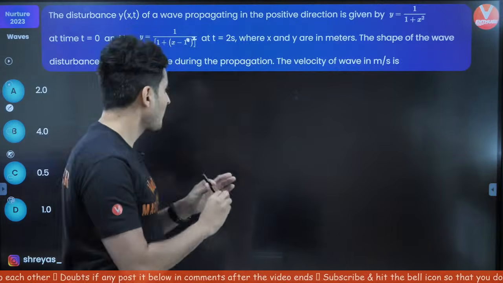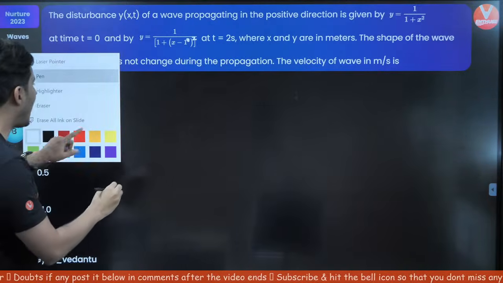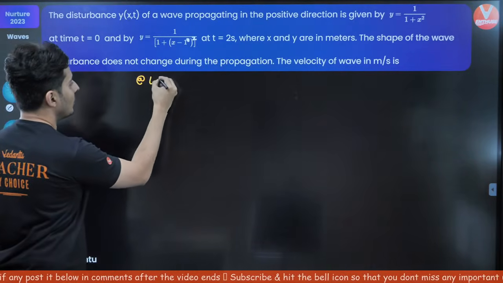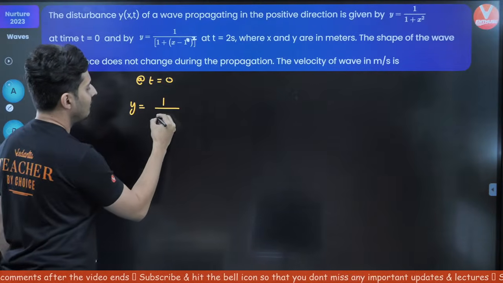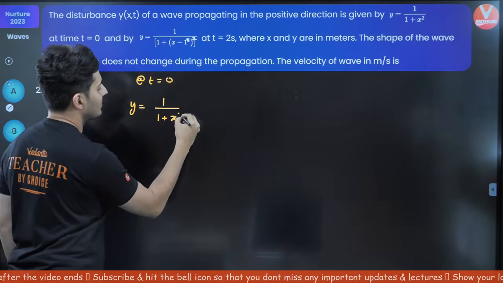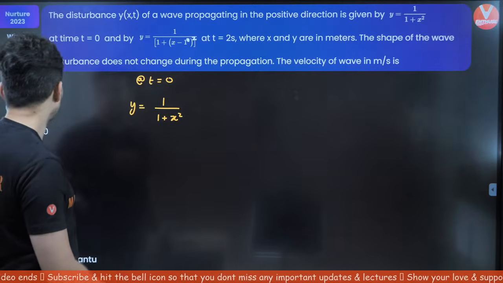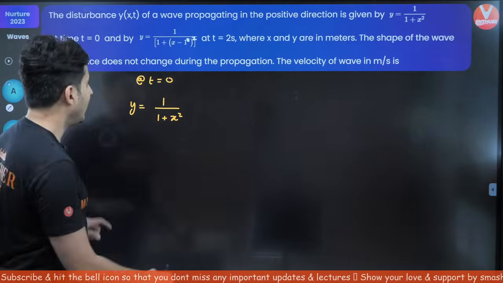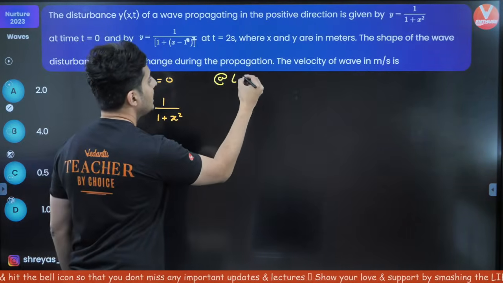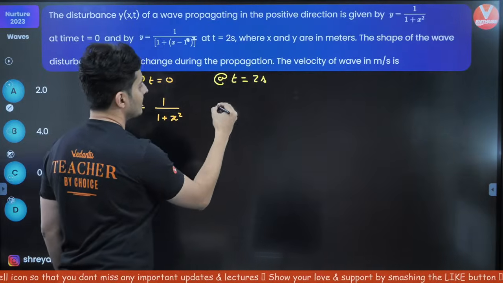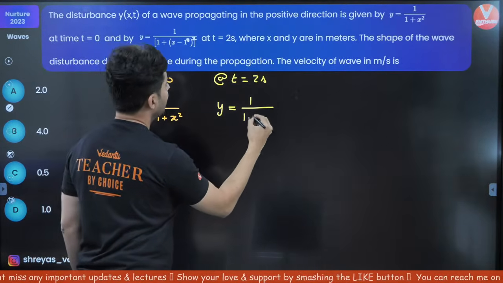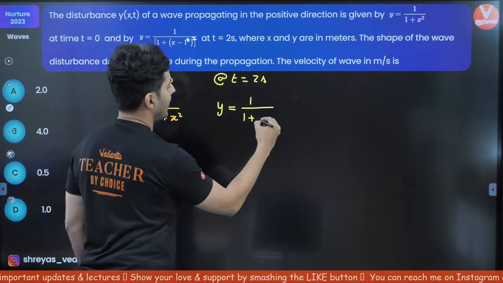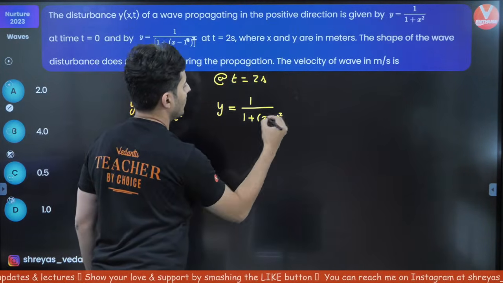Observe this now carefully. At t equal to 0, the wave equation is given by y equal to 1 upon 1 plus x square. But at t equal to 2 seconds, the value of y is 1 upon 1 plus x minus 1 whole square.